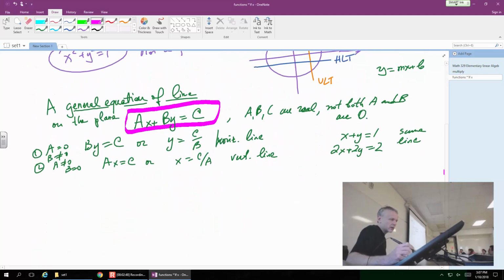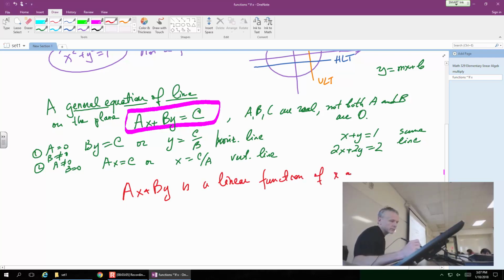So once again, ax plus by is a linear function of x and y. In other words, x and y are the two variables, and they appear in a linear manner.